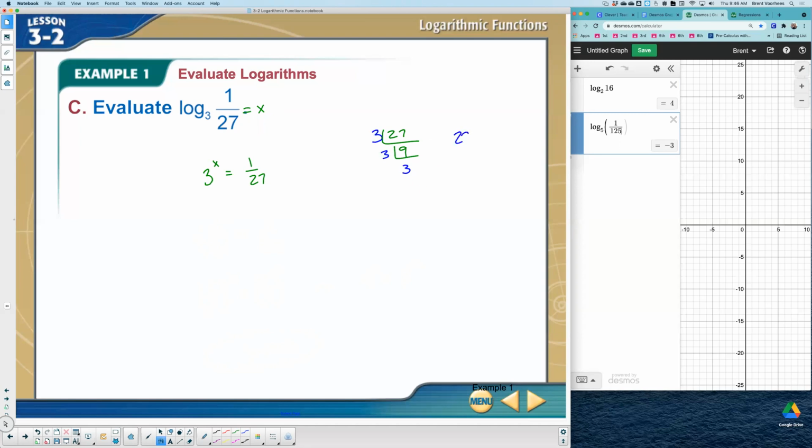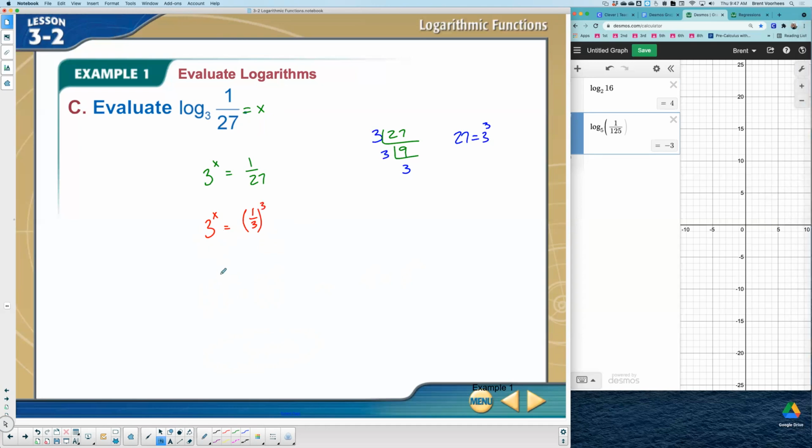So 27 equals 3 to the, there's 3 of these, third power. Now, if 27 is 3 to the third, that means 3 to the power of x is equivalent to, if that's 3 to the third, this would be 1 over 3 cubed this way, but these bases aren't the same.